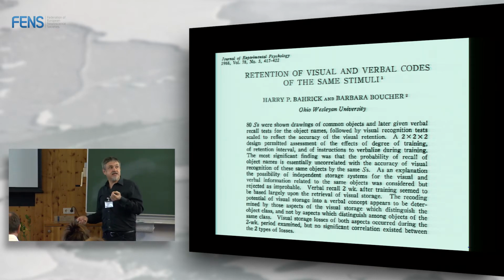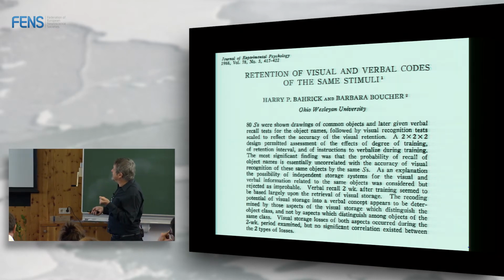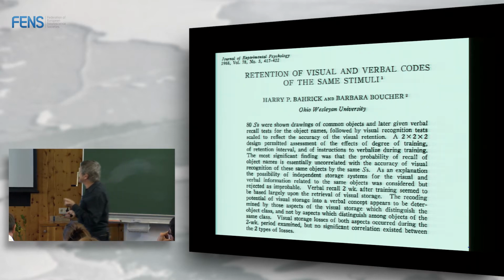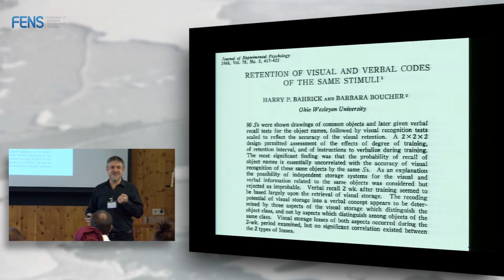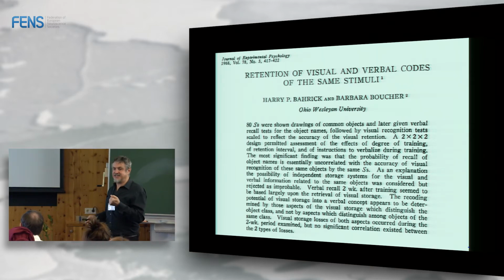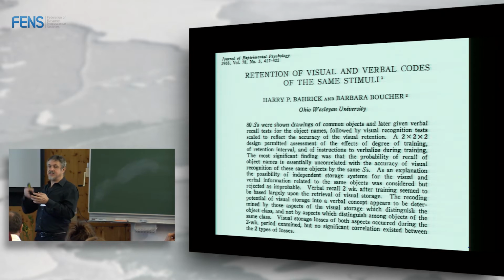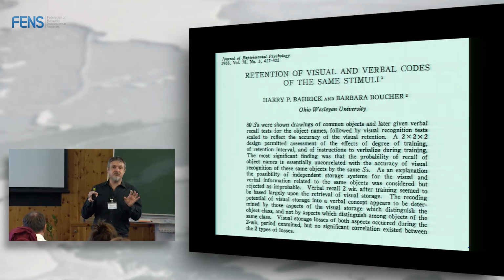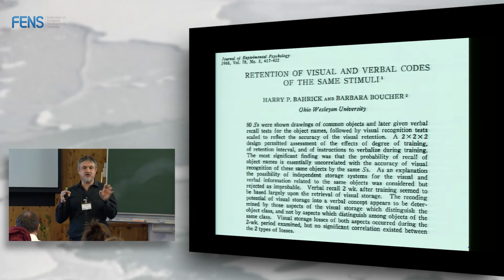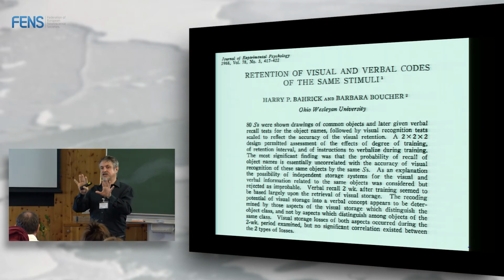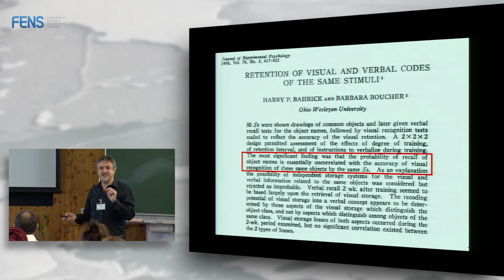So we did a study based on an old study by Bahrick and Boucher from 68, and I always think it's good to go back because there are so many rich studies done in memory psychology in the 60s and 70s. In this study, they found that when you present objects and then test memory, either with a purely verbal test in which you ask people to recall the names of the objects, or a purely visual test in which you present 2 pictures of the object and they have to pick one, which depends only on visual memory, the performance between these 2 tests is not correlated.